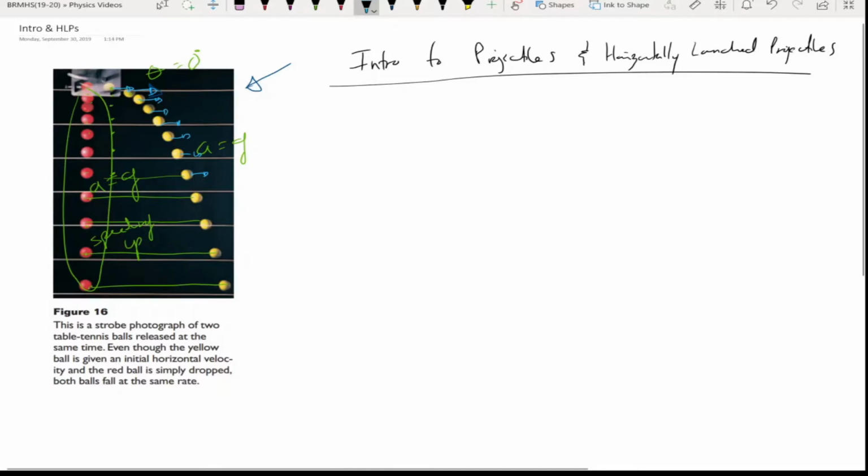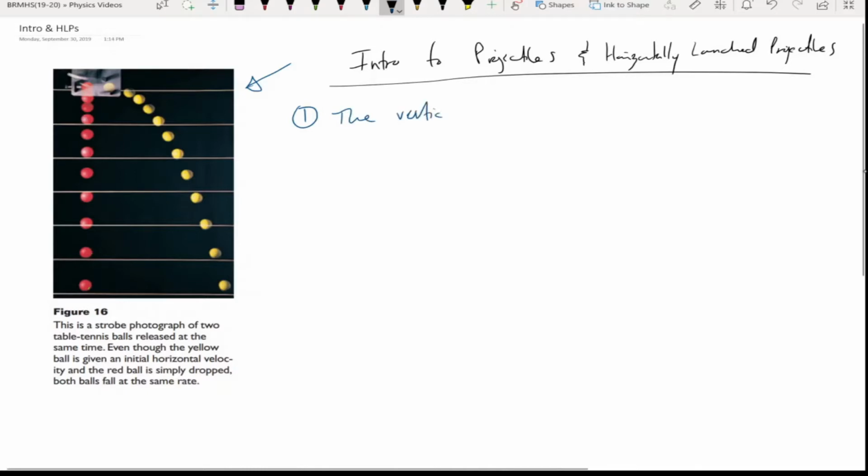All right, so we need a way to compare those two things, and there are 2 points that we take into consideration after we notice this phenomenon. One, so this is true for all the projectiles we are going to encounter: the vertical acceleration is little g.